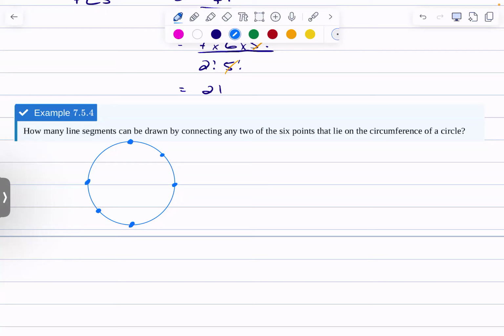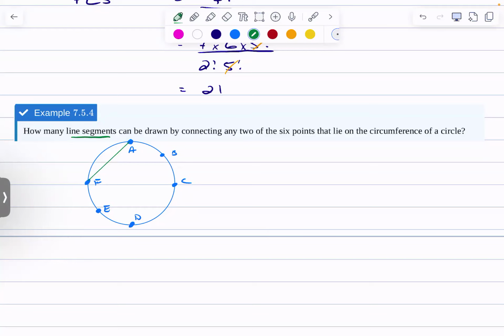If you label these points A, B, C, D, E, F, you could turn this into a problem that you've already been working on, right? By saying, okay, well, what's a line segment? A line segment is going to be anything that connects 2 dots.